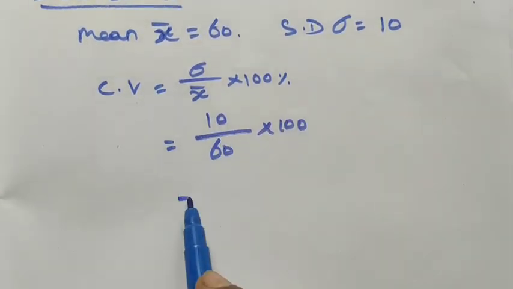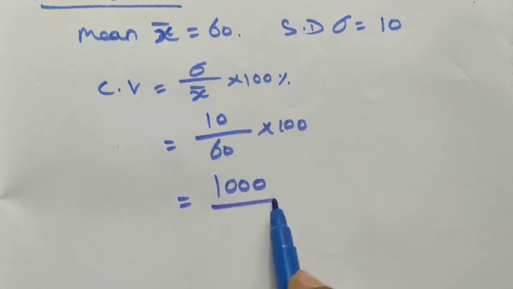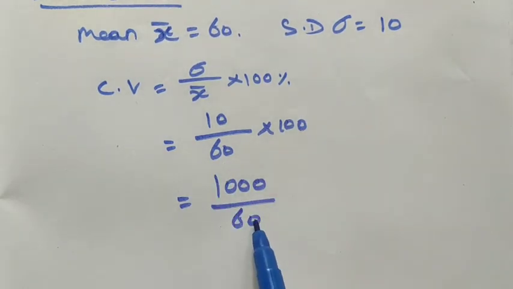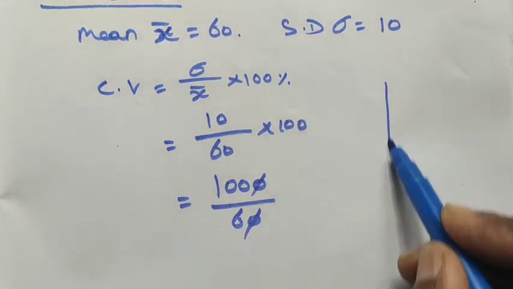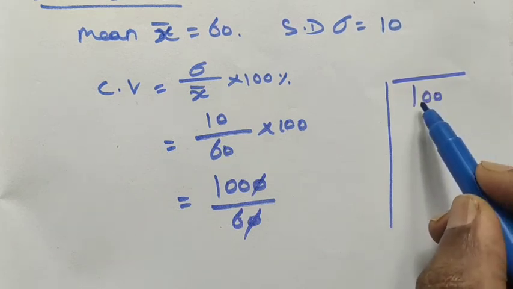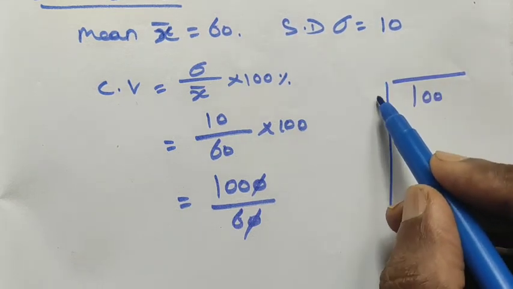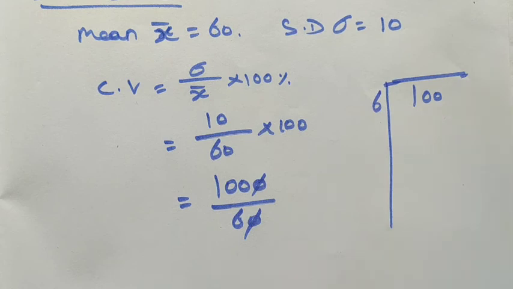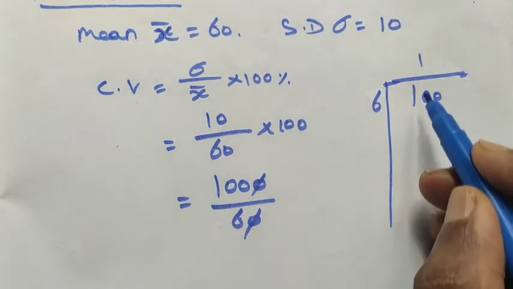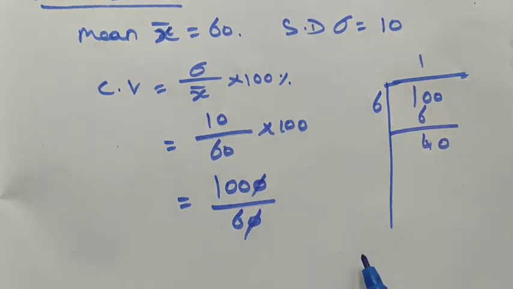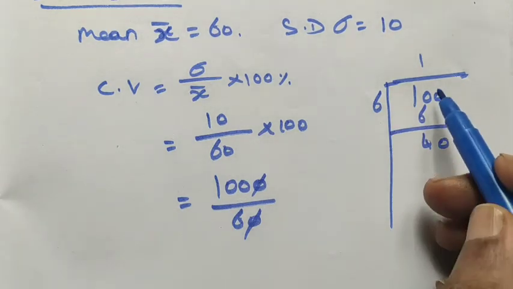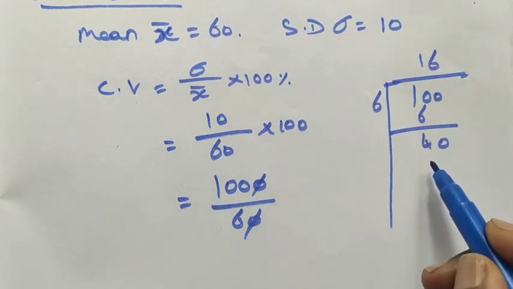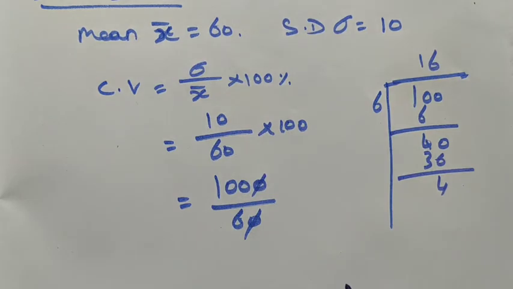Right? If you multiply, we get 1000 divided by 60. So 10 10 is cancelled. So 100 is divided by 6. 6 ones are 6, remainder 4, 40. Right? 6 6s are 36, remainder 4.